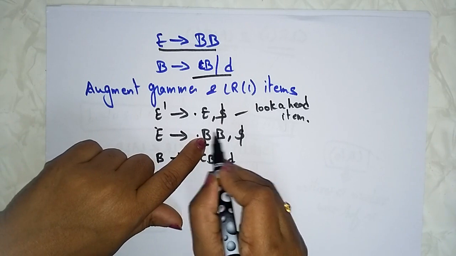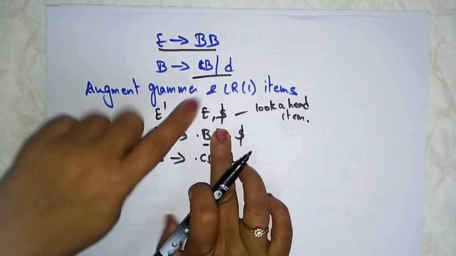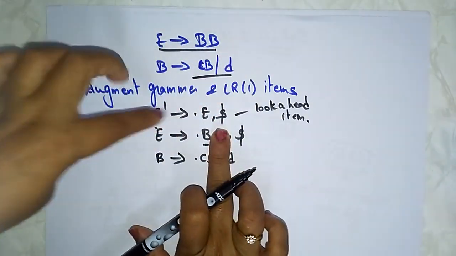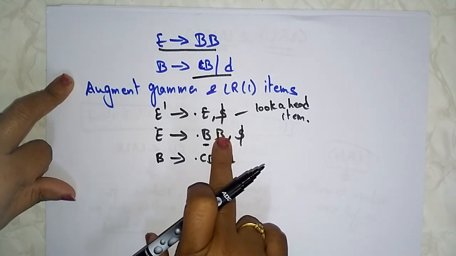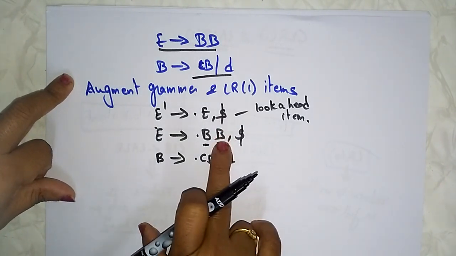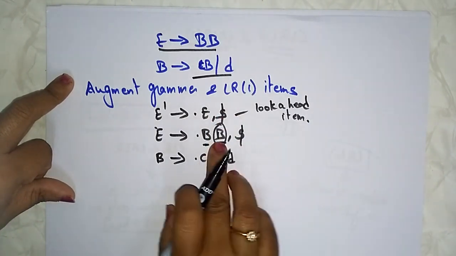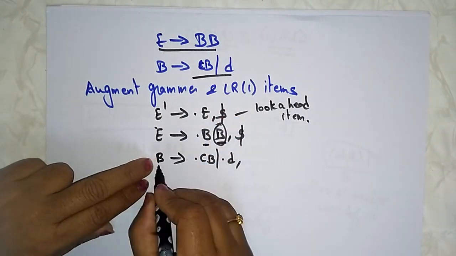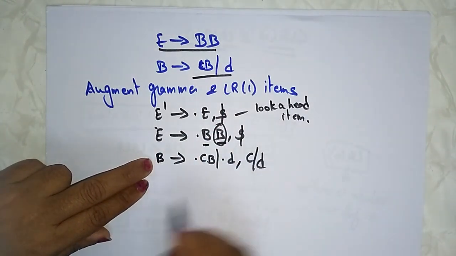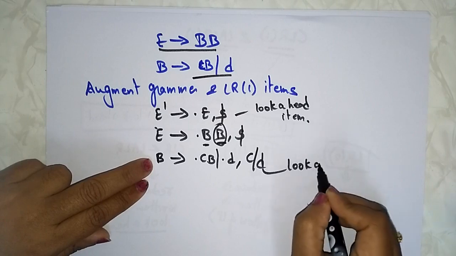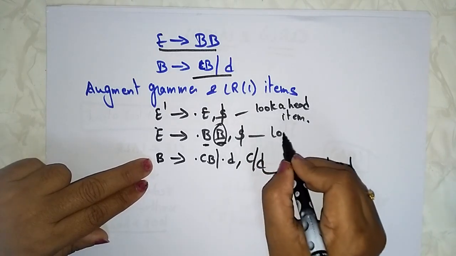After this B, another non-terminal is there. If nothing were there, you would just copy the dollar here also. But here, after this B, another B is there, so instead of writing the dollar, you need to write the first of B. The first of B is c and d. This is the look ahead item for this production and for this production.